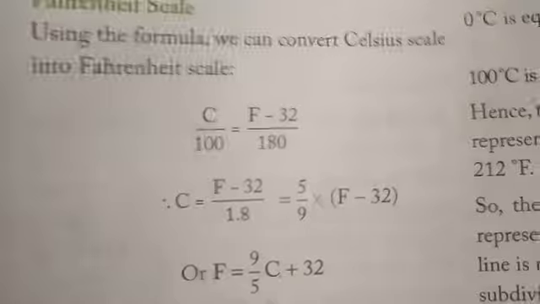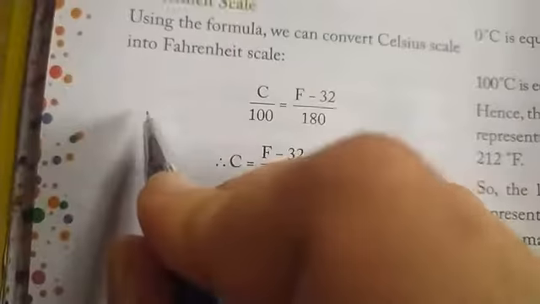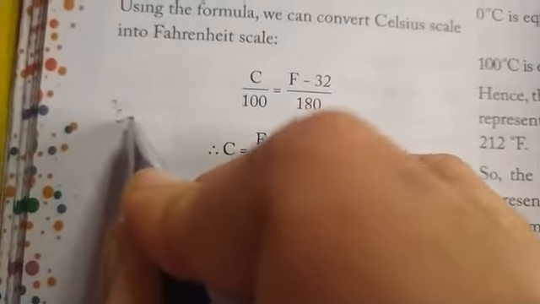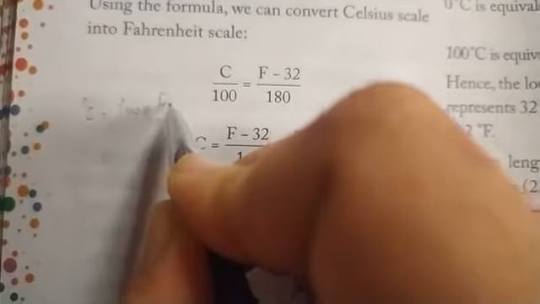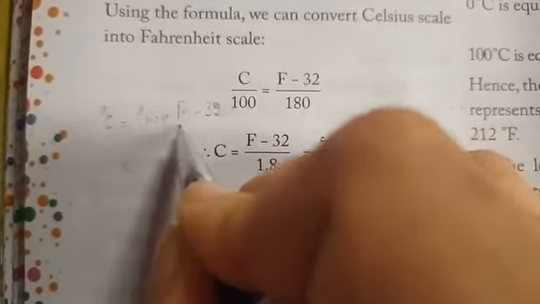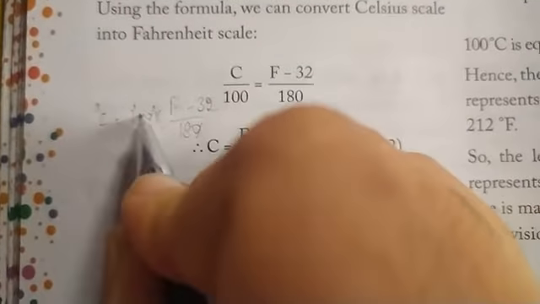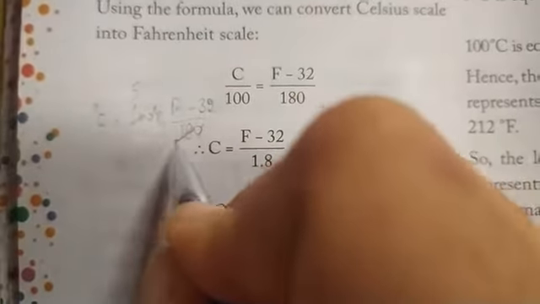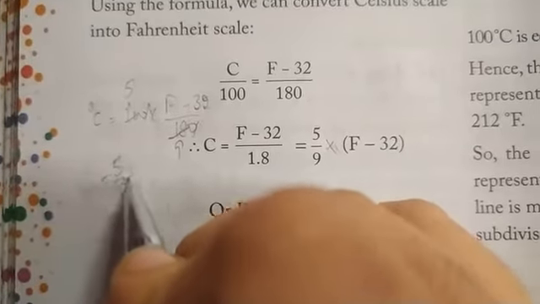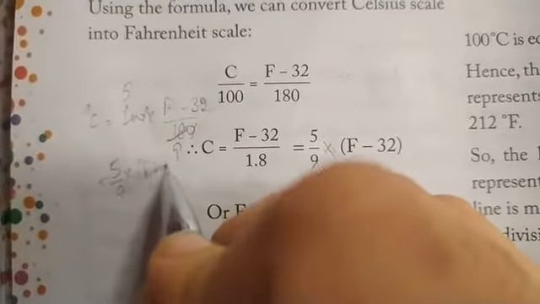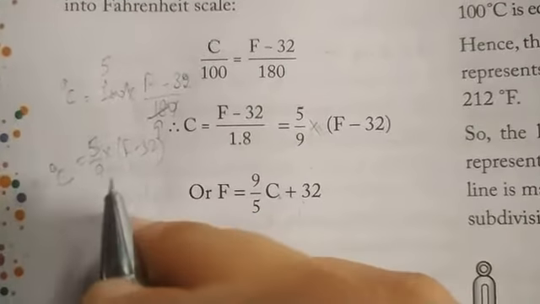We can write degree Celsius is equal to 100 multiplied by F minus 32 divided by 180. These two zeros will cancel out, 5 twos are 10 and 9 twos are 18. So degree Celsius will be equal to 5 over 9 multiplied by F minus 32.